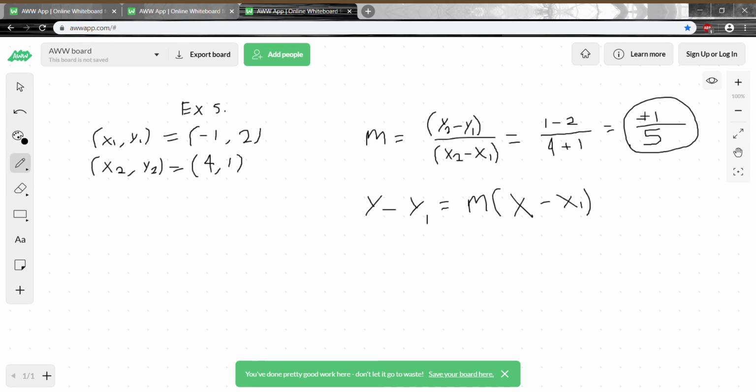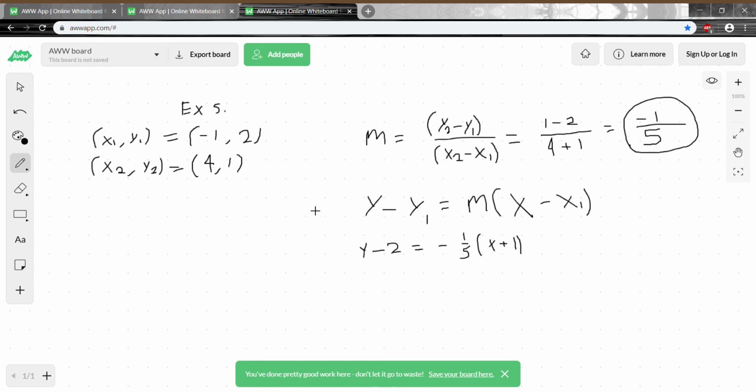So that means that y minus y1, which is 2, is going to equal negative 1/5 multiplied by x minus our x1 term, which is going to be minus a minus 1. That makes it positive 1.